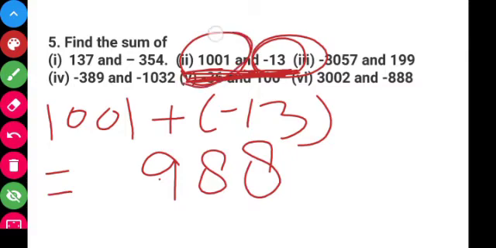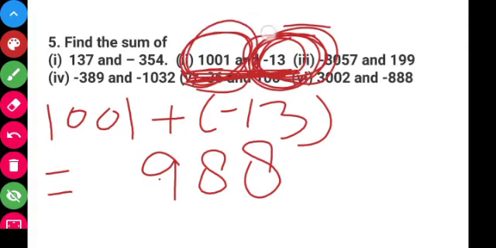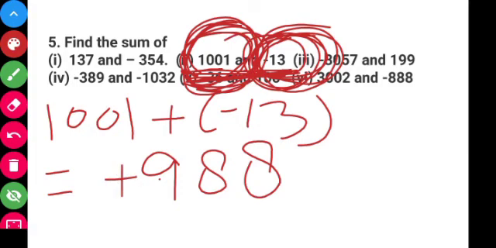In these two numbers, 1001 and 13, which number is bigger? 1001 is bigger. And what is the sign of 1001? The sign of 1001 is plus, so you can write plus. Okay, so the answer is 988.